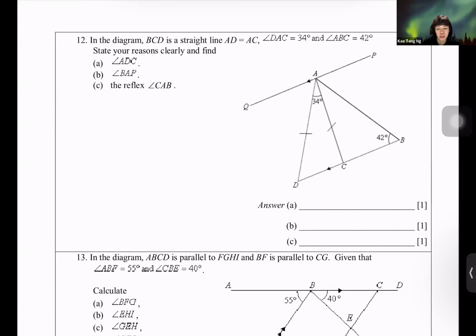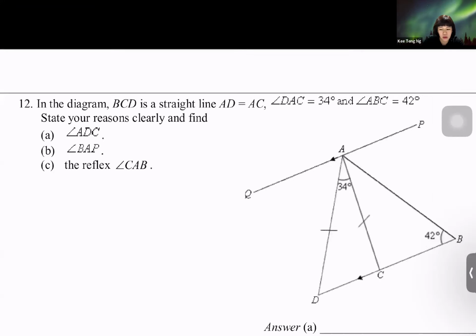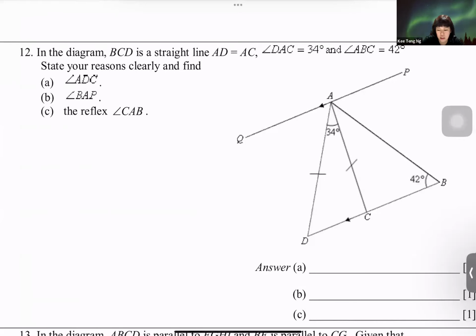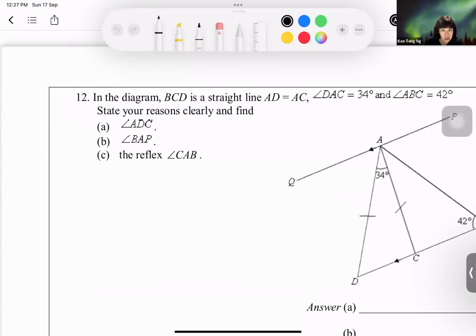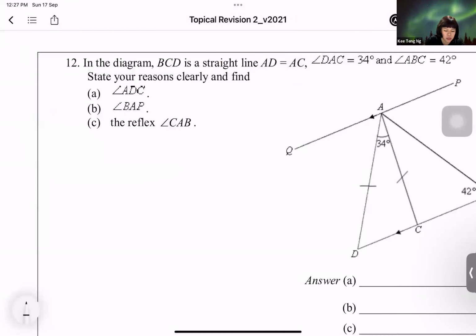Right, before we actually begin the different questions, let's have a quick refresh on the different concepts for looking out for angles. What are some of the different properties that we can use?